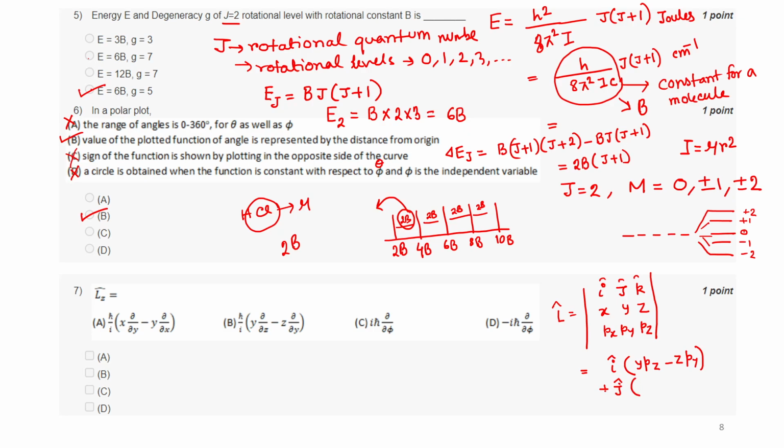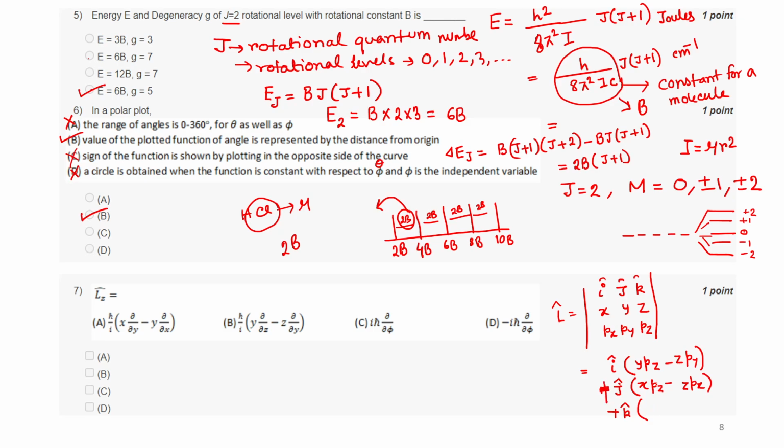you are going to take a minus instead of plus, because you are going to take x Pz minus z Px.